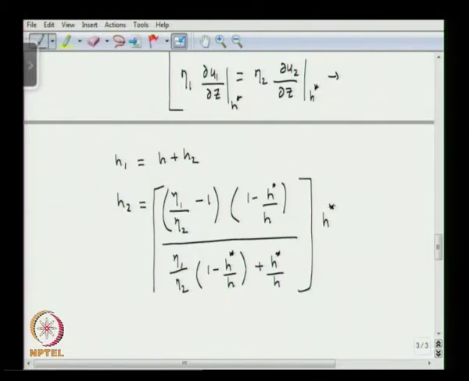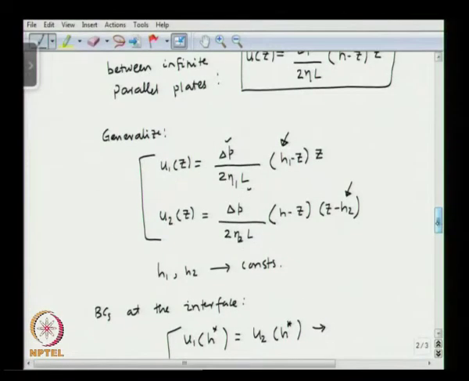So, we get an expression for the two constants h1 and h2, which can be used in the expression for the velocity here. So, you would have the expression for u1(z) as well as u2(z).